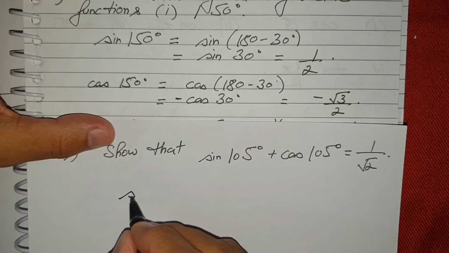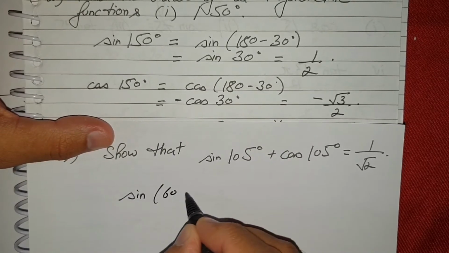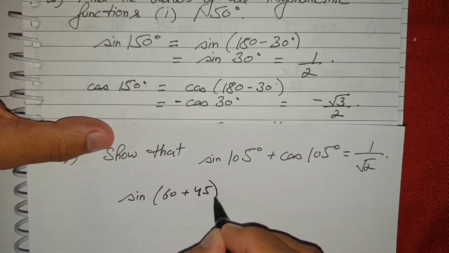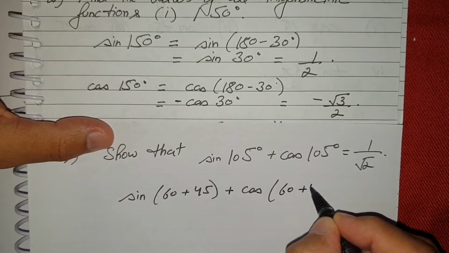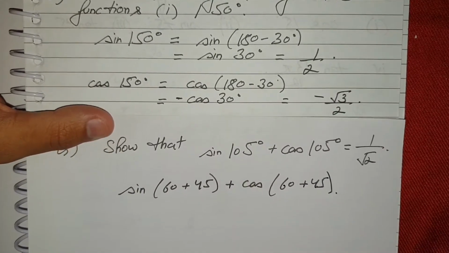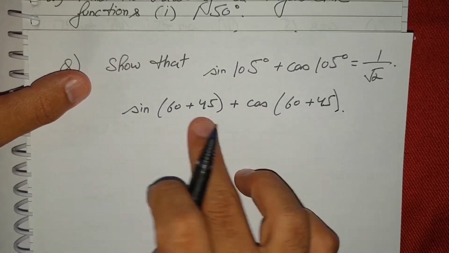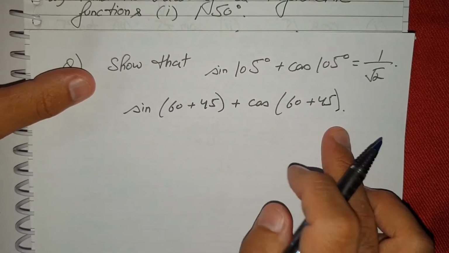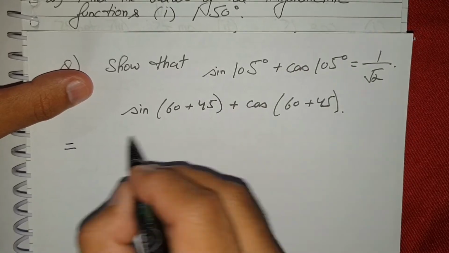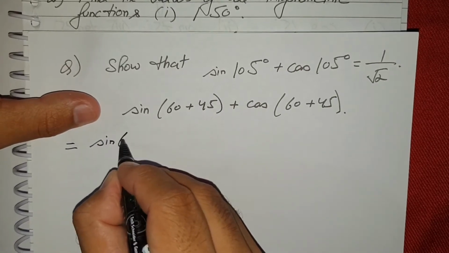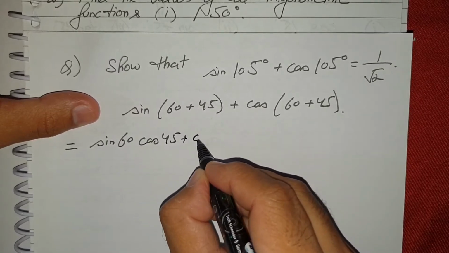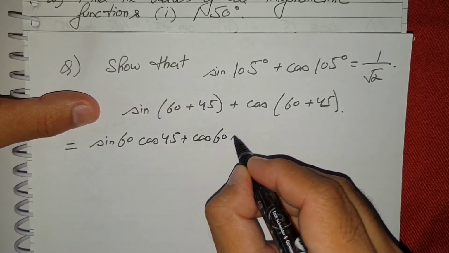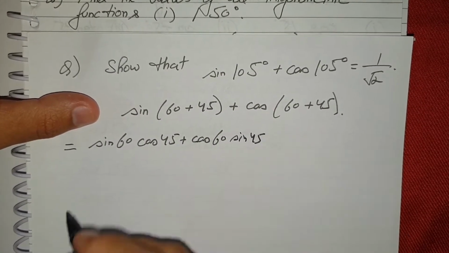So this is sine 60 plus 45 plus cos 60 plus 45. Now applying the formula of sine A plus B and cos A plus B: sine A plus B is sine 60 cos 45 plus cos 60 sine 45.